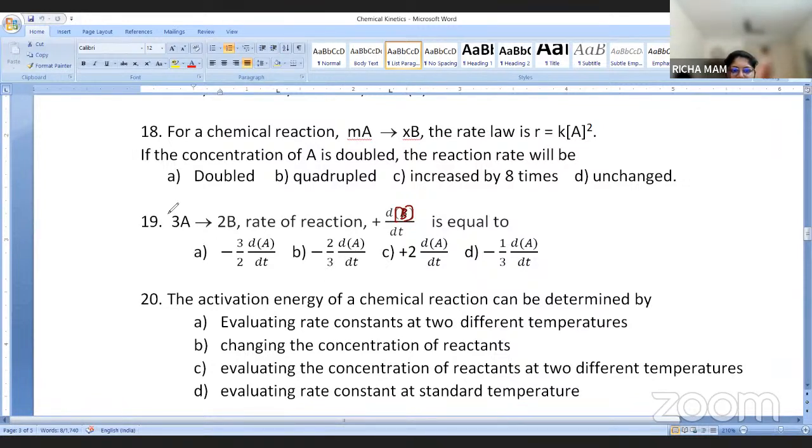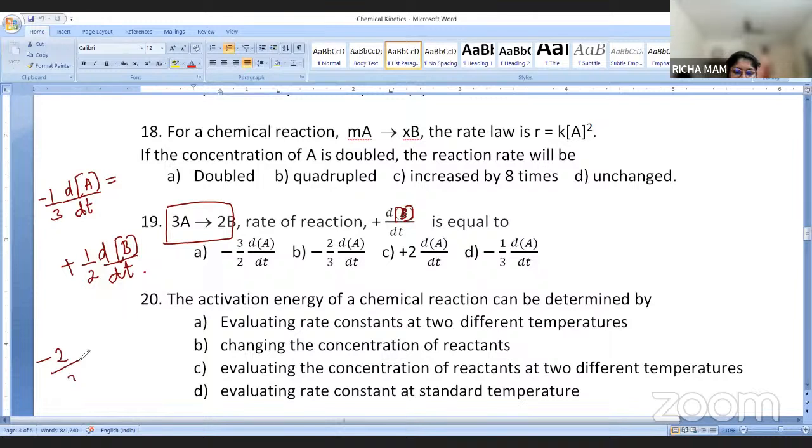So if I write the rate of this equation, it will be minus 1 by 3 d of concentration of A by dt, which is equal to plus 1 by 2 d of concentration of B by dt. So minus 2 by 3 d of A by dt is equal to plus d of B by dt.